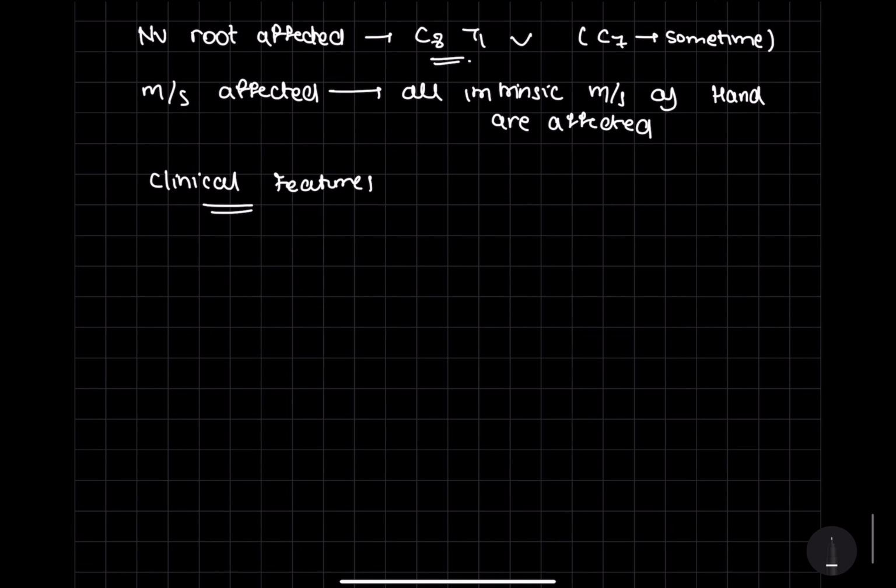First, all the intrinsic muscles of the hand are gone, which means the flexors of the wrist and fingers are also gone. The flexors of the hand and intrinsic muscles of the hand are both affected.